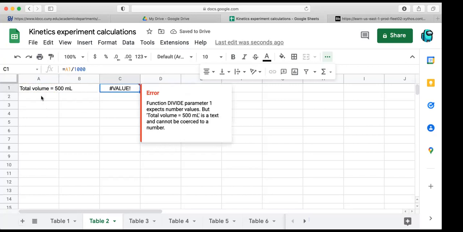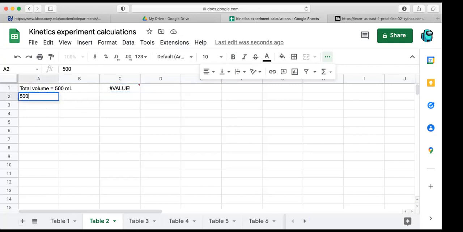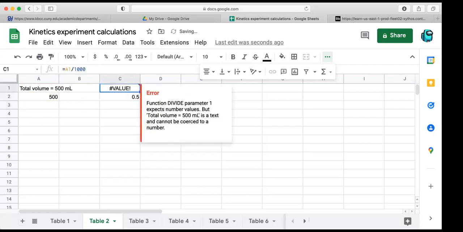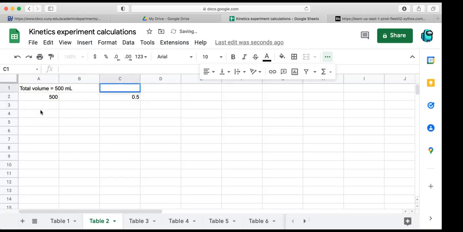So another way to do this is you write 500 here, and then equal sign that divided by 1,000. Now that works. All right. So that's our total volume. Okay. So table 2 then, what it has, and I'm going back to the procedure.